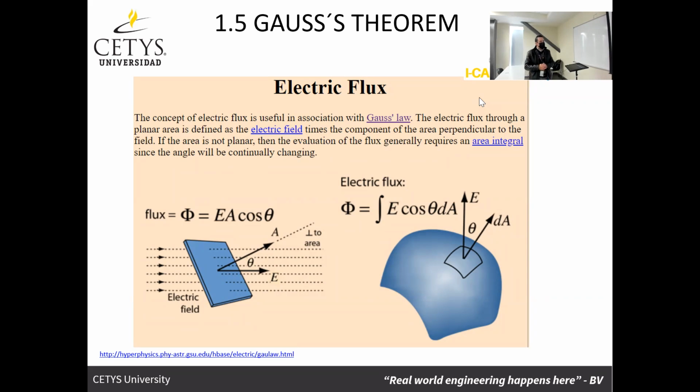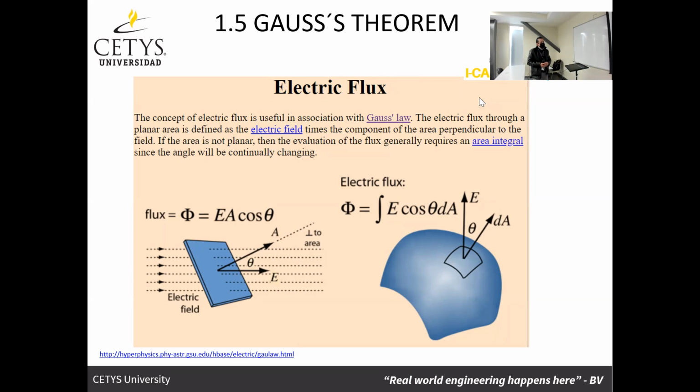So if we're talking about flux, or how much electrical field is going through a certain area, depending on how close we are and how large or small the area is, we could say that that's a proportion of the strength of the electrical field.